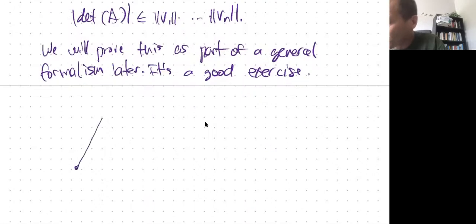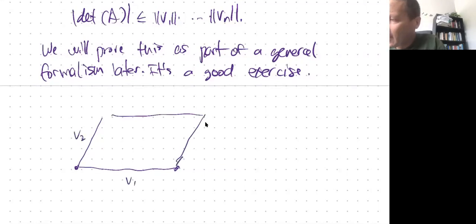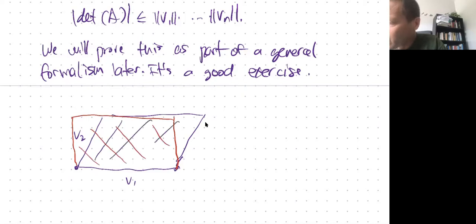So here's a two-dimensional picture. This is V1, this is V2, and the determinant measures the volume of the parallelogram. There's a red rectangle and there's a purple parallelogram. They both have the same volume.